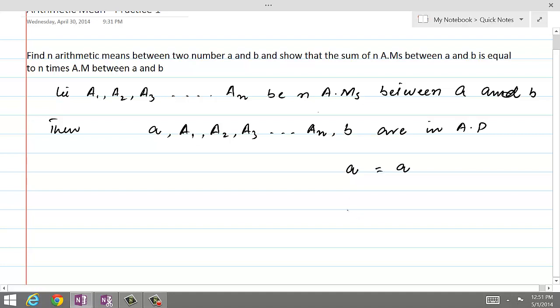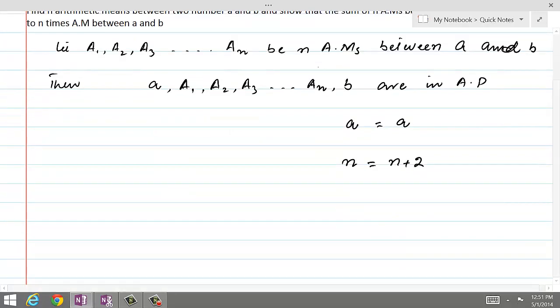So the first term is a, and the number of terms, how many terms in total? There are n arithmetic means and then two terms, one on the left and one on the right. So the total number of terms becomes n plus 2. The last term, which is denoted by an for this arithmetic sequence, is b.